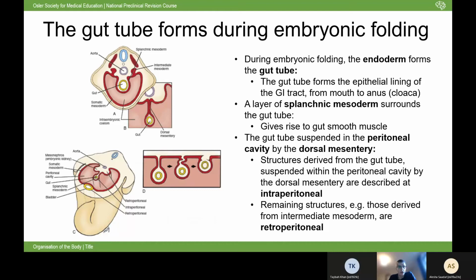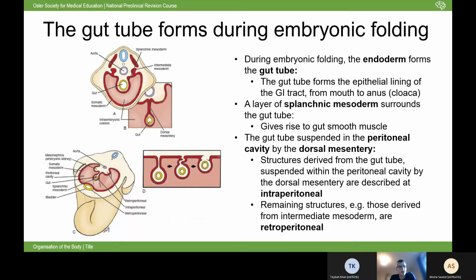And also certain structures, for example, parts of the large colon, the duodenum and the pancreas, are retroperitoneal, which means that this dorsal mesentery fuses with the back wall, giving these organs the appearance that they are behind the posterior peritoneum of the abdominal cavity.